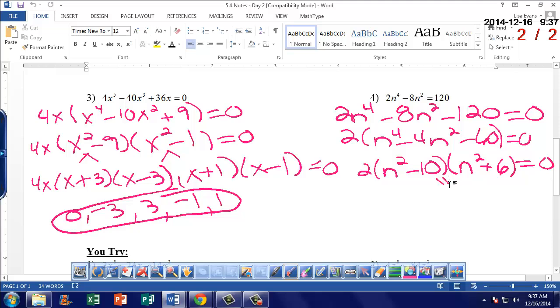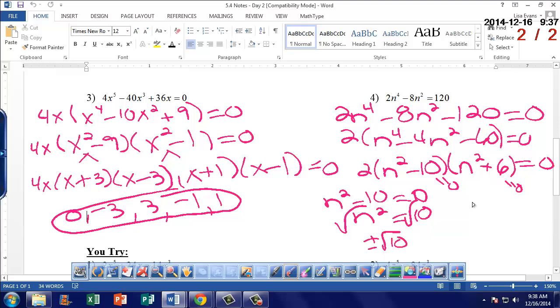Remember, we're going to set each parenthesis equal to 0. We don't need to set this 2 equal to 0 because there's no variable here. So 2 does not equal 0. That doesn't make sense. So when I do this problem, I end up adding 10 to both sides. So I get n squared equals 10. Then I square root. So I'm going to get plus and minus root 10. This one, I get n squared plus 6 equals 0.